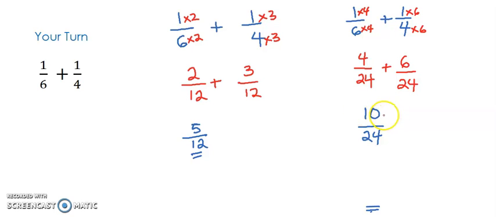We have to reduce it, and we can reduce it by dividing by 2. When we divide 10 by 2, we get 5, and when we divide 24 by 2, we get 12. So you notice the answer is the same. It doesn't matter which way you went. If you use 24, you have an additional step, but the answer will be the same.